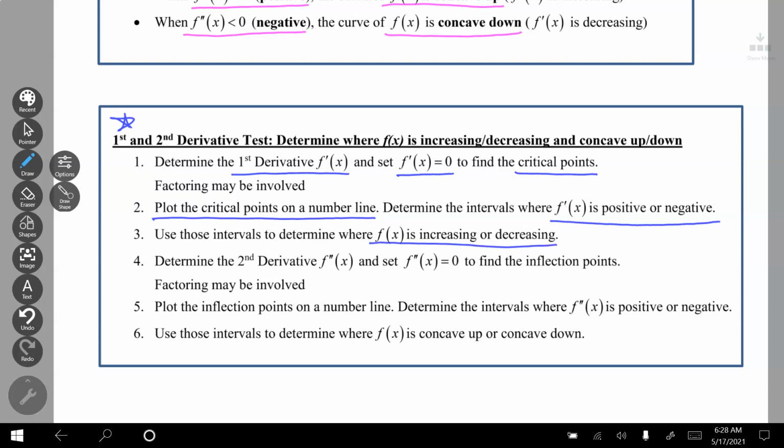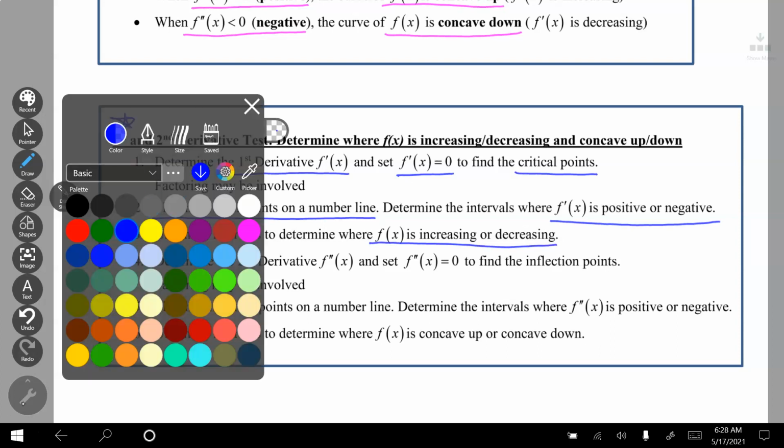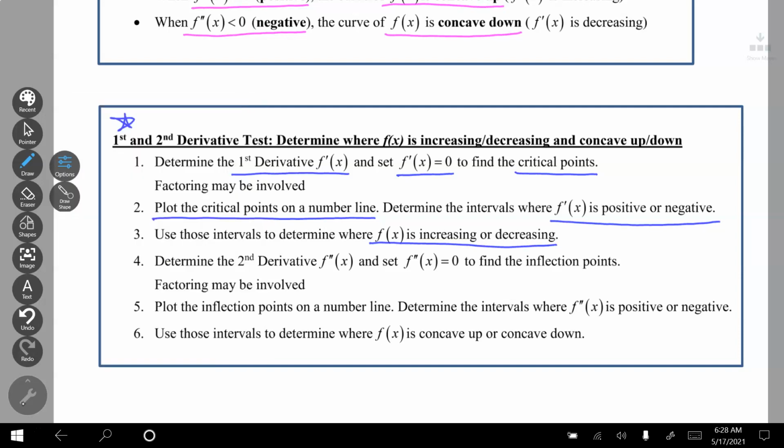Okay, this whole number line business is going back exactly to what we did in Unit 2 when we did polynomials, and we just made a number line instead of drawing a two-dimensional graph. Then we're going to do the second derivative, set it equal to 0, and these will be our inflection points. And then after that, we're going to plot these inflection points on the number line, and we're going to determine where f double prime is positive or negative, and that's going to tell me where the function is either concave up or concave down.